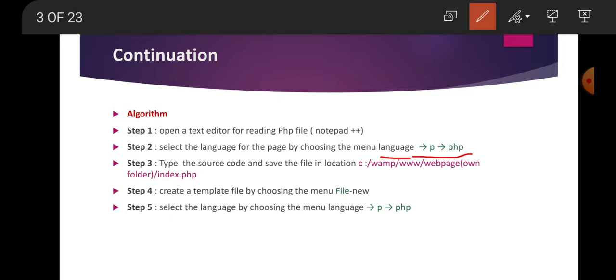If you are installing the WAMP server in C drive, the location may be like this: C:\WAMP\www. Here I specify web page. Web page is a folder. You may save the PHP file in the location C drive WAMP.